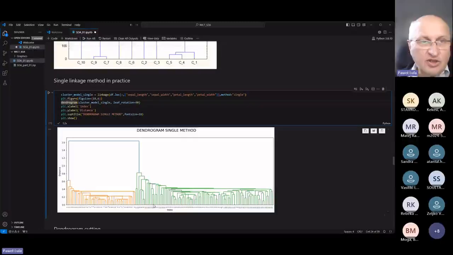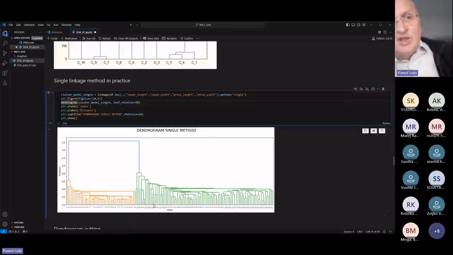In this situation, we have the information about the real way of assignment of objects to groups. Because in our data frame, we have a column species in which we have the information about the group to which a given flower should be assigned. So the situation is very good.